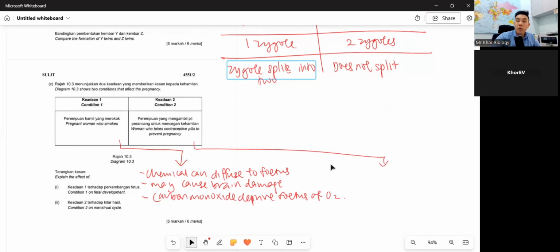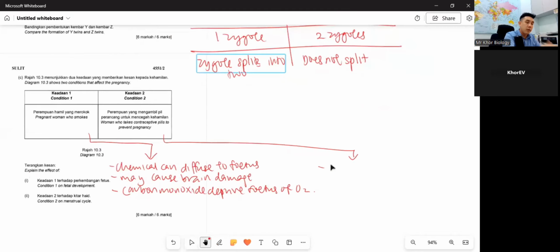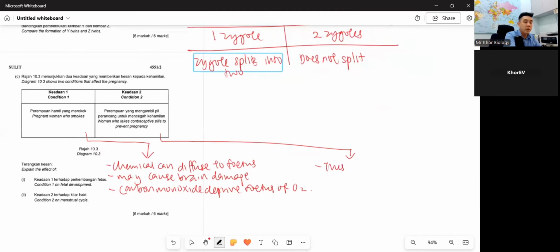Okay, and for contraceptive pills, we say these pills contain high levels of progesterone and estrogen.